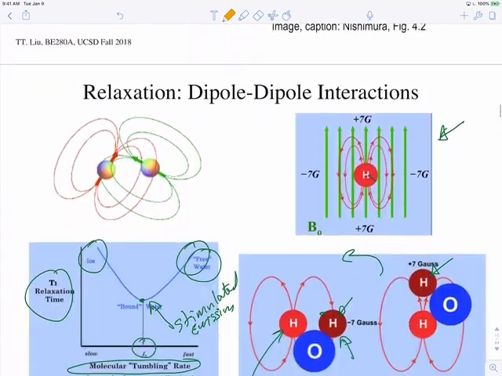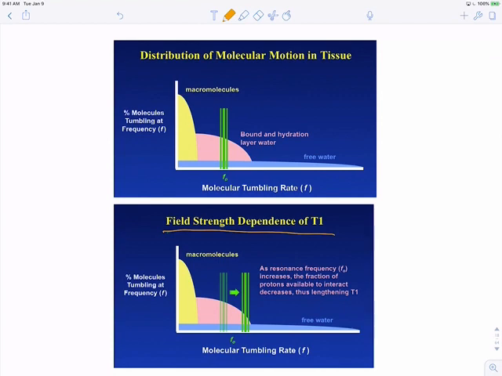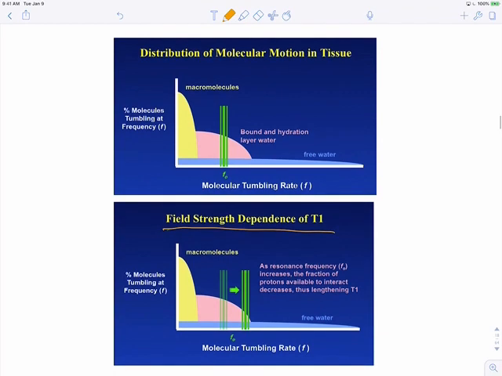So then if we go back to this curve here, this is the field strength of T1. If I go from this frequency to this frequency, it turns out that the proportion of spins tumbling, so that's just the macromolecules that have the right tumbling frequency, the number of them that tumble at those higher frequencies is just less.